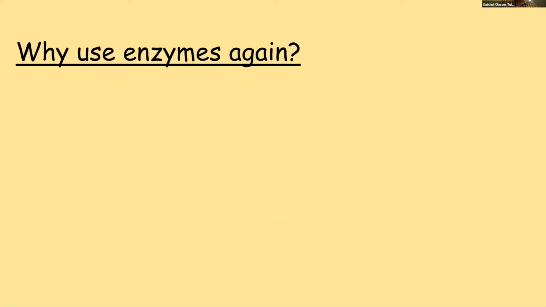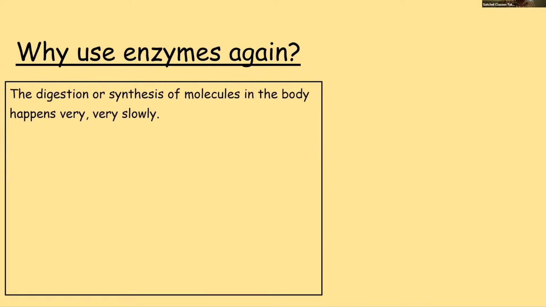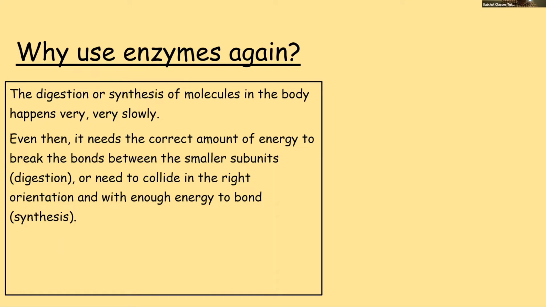So why use the enzymes again? Well, the digestion or the synthesis of molecules in the body happens very, very slowly. I mean, really slowly, like you're talking on the orders of, in some cases, millions of years. Even then, for it to happen, you need the correct amount of energy to break those bonds between the smaller subunits in digestion.